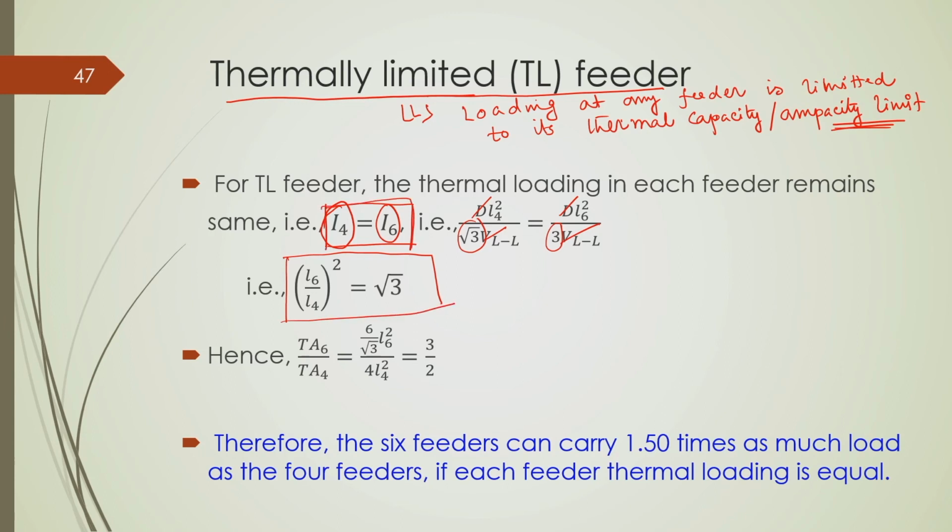Now, under this case we can also find the ratio of the total area served by the particular feeder. So, this ratio is TA 6 by TA 4, which is the same as the total load served by a feeder with hexagonal service area to the total load served by a feeder of a substation having square shape service area.